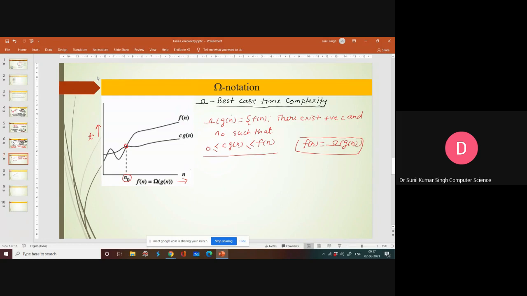We take the same example as in the previous case, f(n) is equal to 3n plus 2, and g(n) is equal to n. We have to check whether we can write f(n) is equal to omega of g(n) or not.